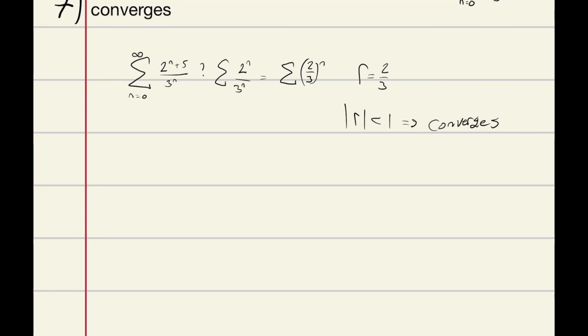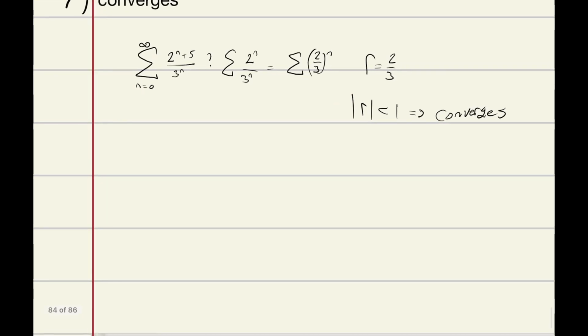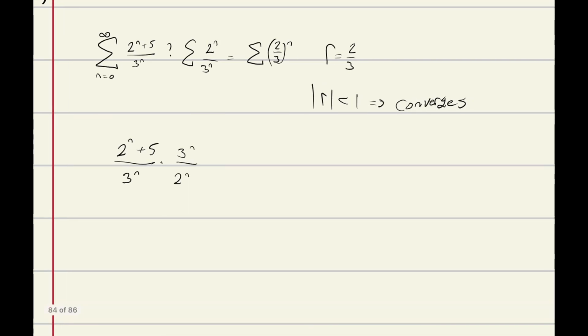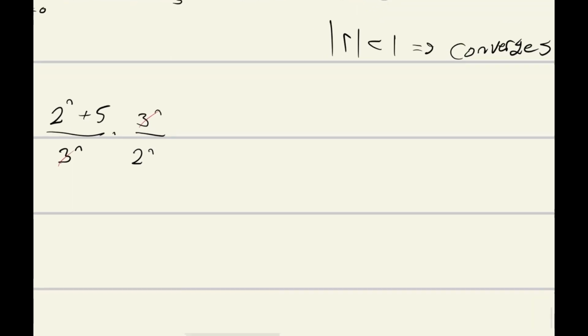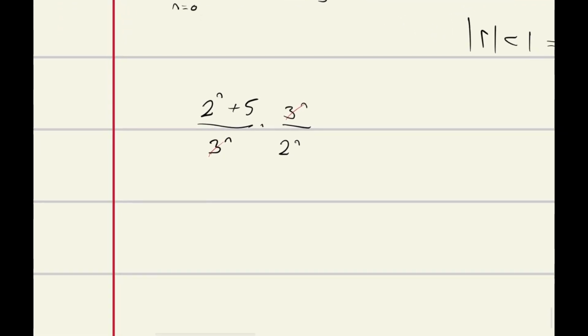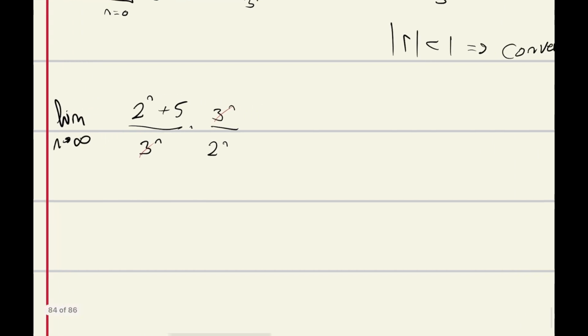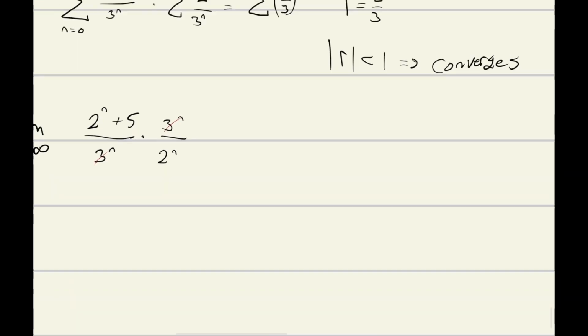We can do this by setting (2^n + 5)/3^n. We can multiply by the reciprocal of 2^n/3^n, which would be 3^n/2^n, and we can cancel out the 3^n. I'm sorry, I forgot to mention, we'd be taking the limit as n goes to infinity of this.